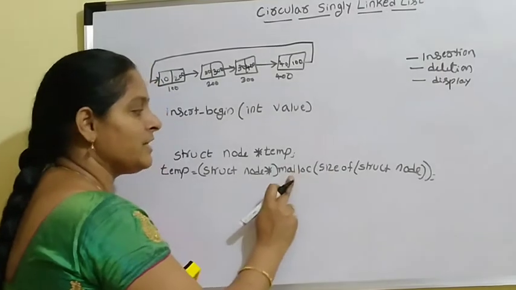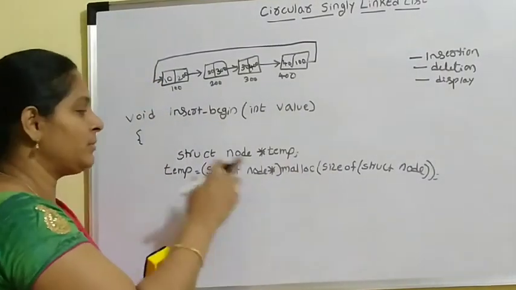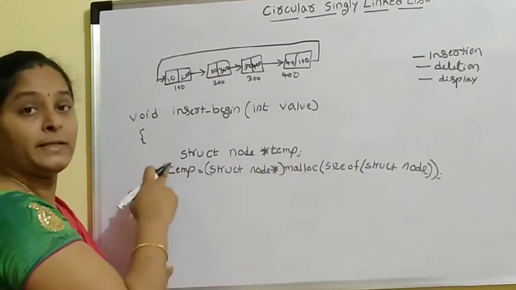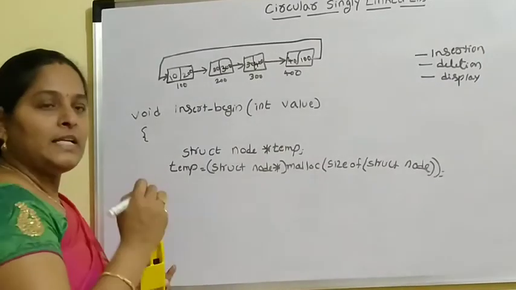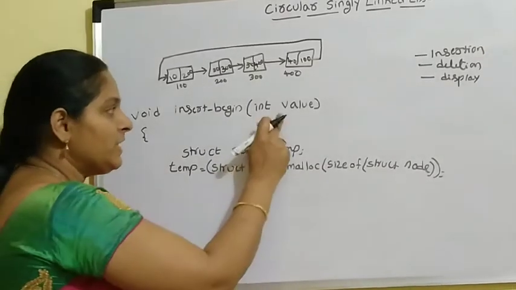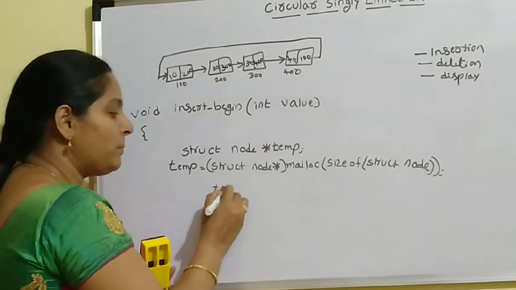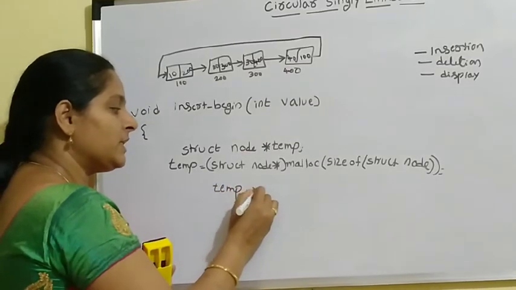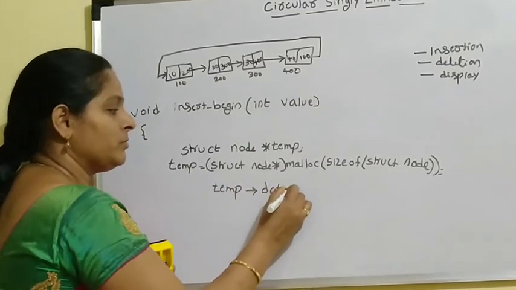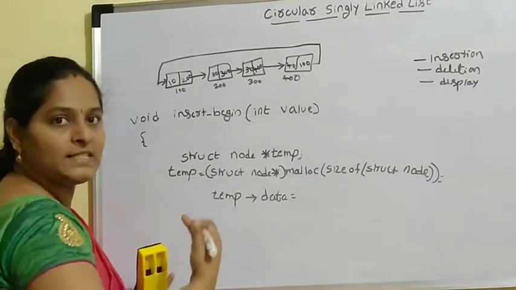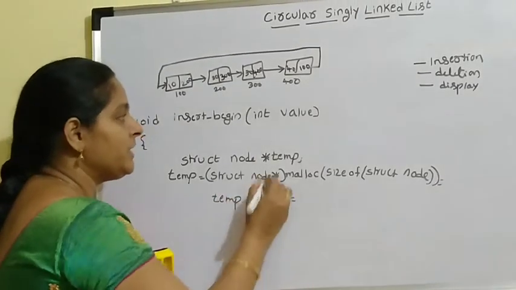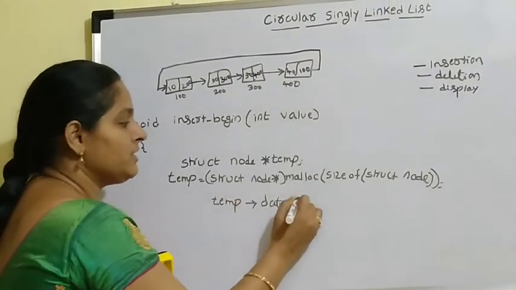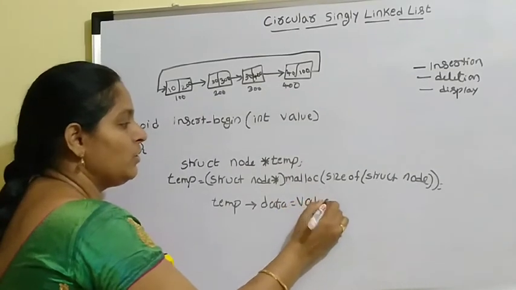With that memory size, the malloc function will allocate the memory for the temp node. Now whatever value you want to insert, we need to place that value in the data part of the temp node. So now temp is our newly inserted node. Temp data equal to value.